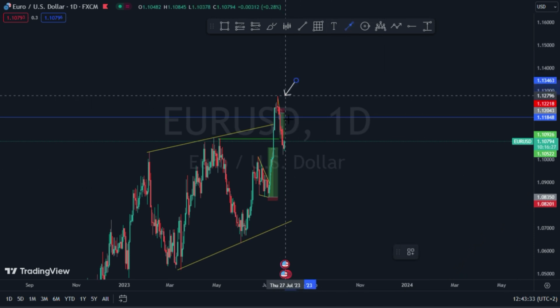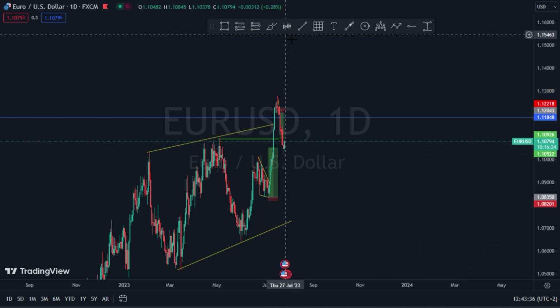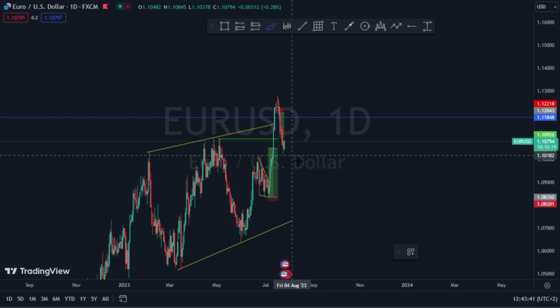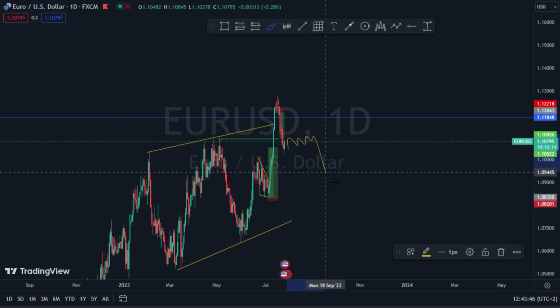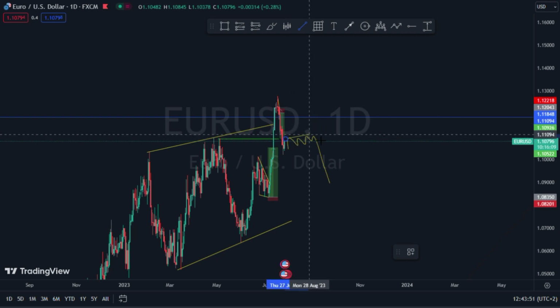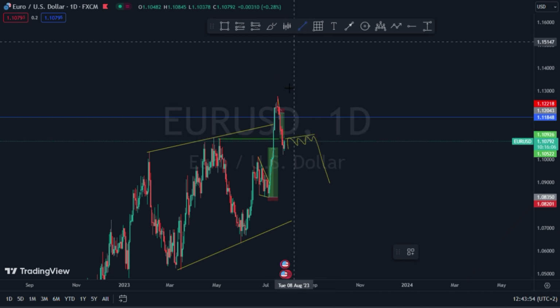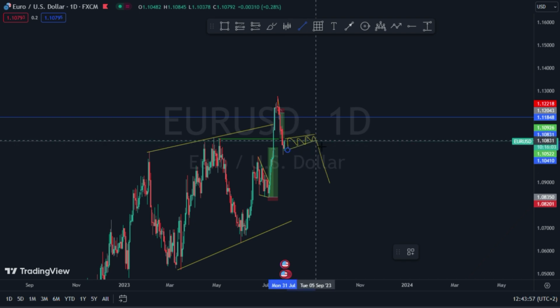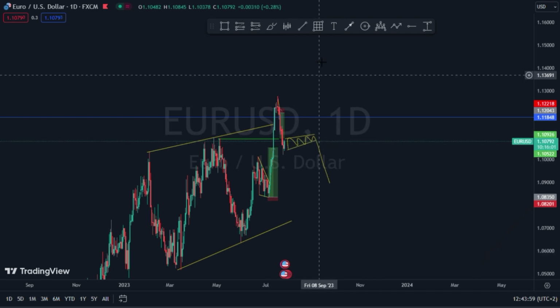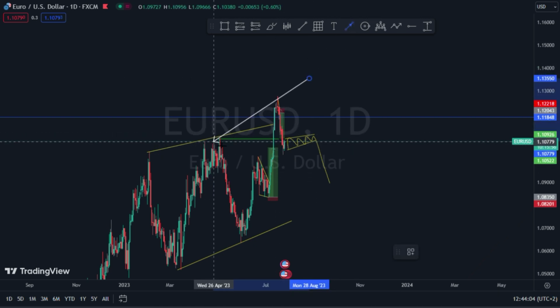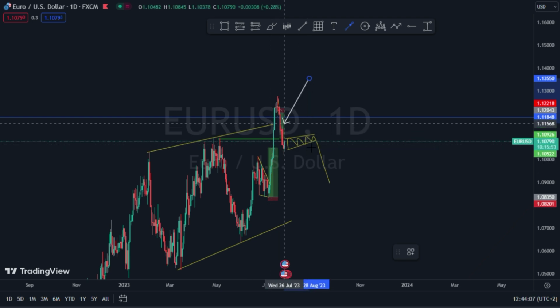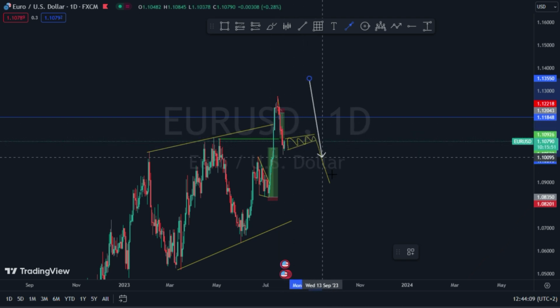So what I would expect from this market is that it would maybe give us that continuation pattern to indicate that it's going to continue pushing lower, and that is what we would be looking for when we look into these higher time frames, right? So for now, I'm out of these trades because of this kind of movement right here and because of this level right here. So I would expect the market to give us this continuation pattern and continue moving lower.